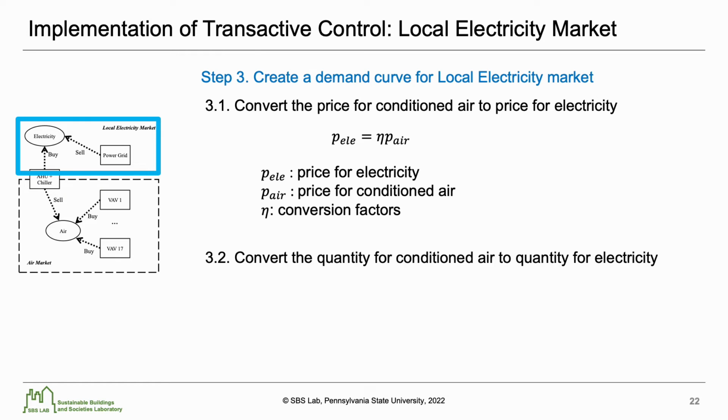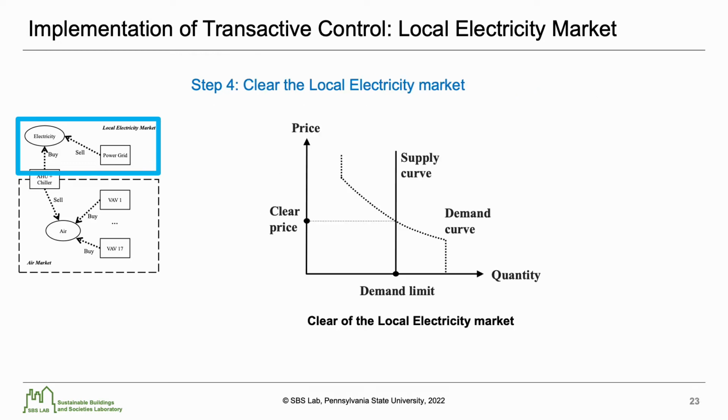After that, the AHU plus chiller agent converts the quantity from the air market to the local electricity market by calculating the required electricity for generating a given amount of cooling energy. Step 4 is to clear the local electricity market.